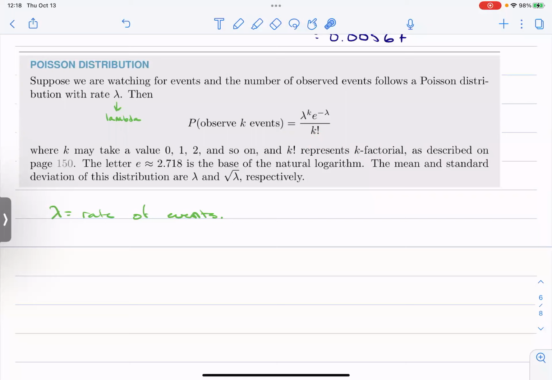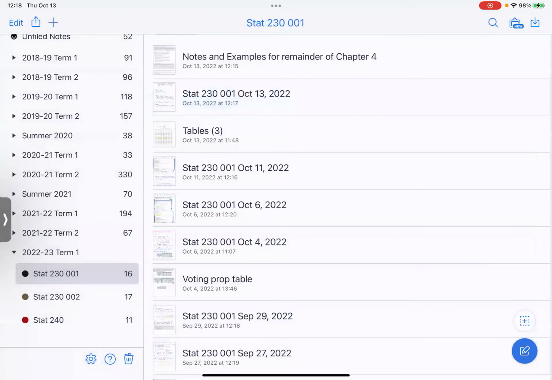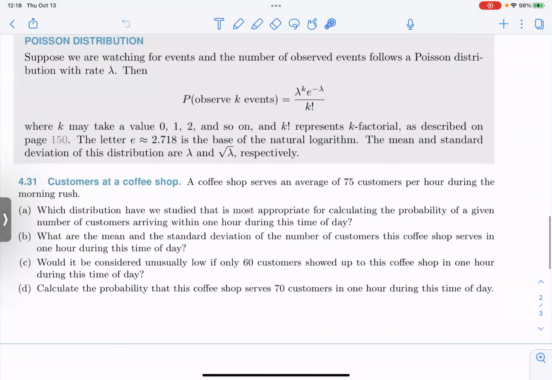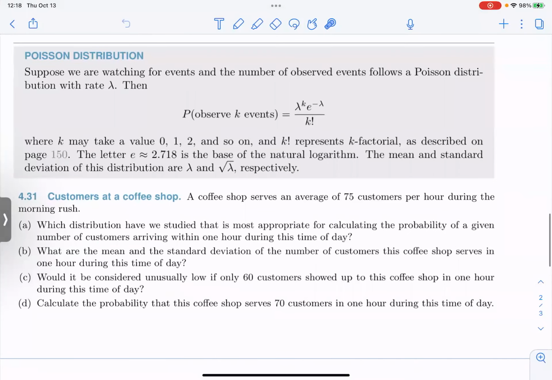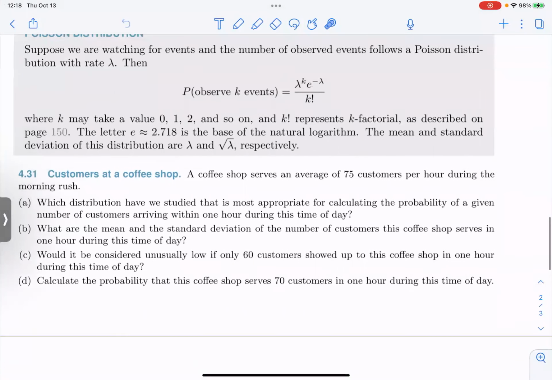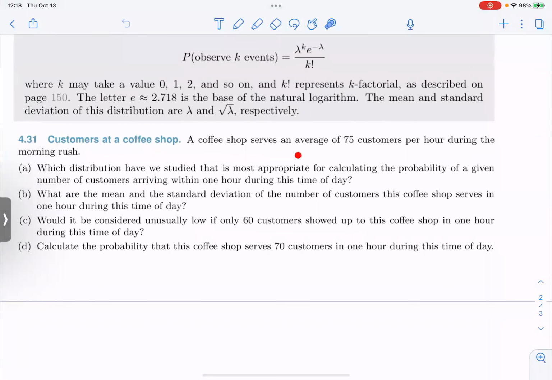I did have an example that we could have gone through, and it might be fun to work through it. For example, a coffee shop serves an average of 75 customers per hour during the morning rush. Which distribution have we studied that's most appropriate for calculating the probability of a given number of customers arriving within 1 hour during this time of day?